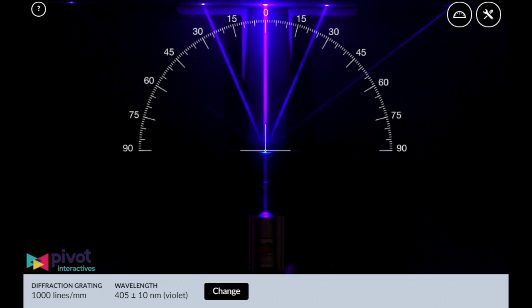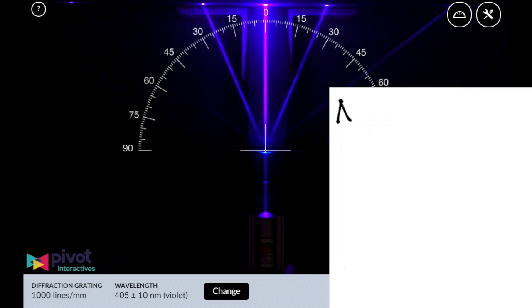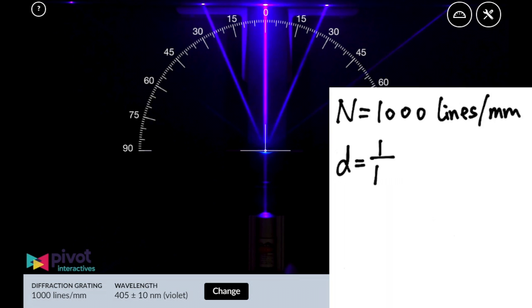One thing worth mentioning is that if you are given a number of slits per millimeter on the grating, like n equals 1,000 lines per millimeter, and you're going to calculate the line spacing d, d is basically 1 over n.